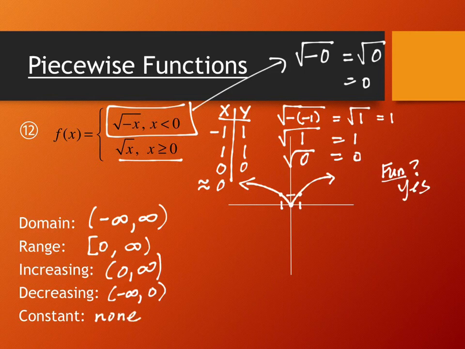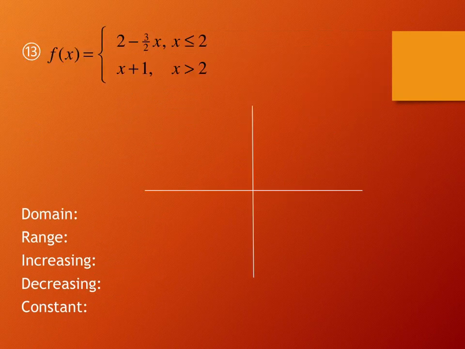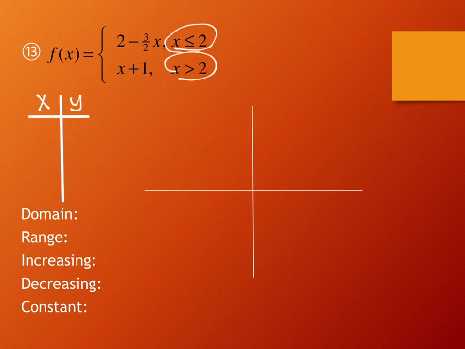The next piecewise part is a little more interesting, so that's the one I wanted to show you as well. We're still going to pick two x values in each area of the graph. So I need that t-chart, or that number ordered pair chart. I need to pick x values that surround the number, in this case 2.